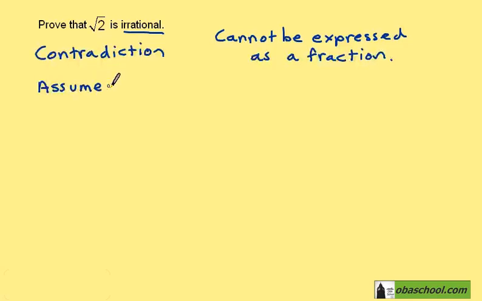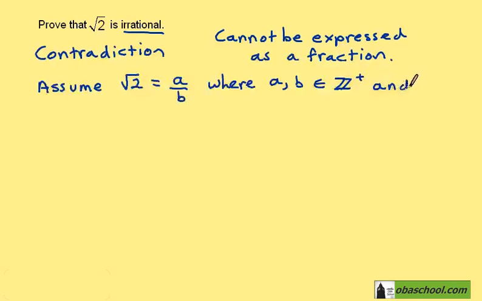So the assumption that we make here is that root 2 can be expressed as a fraction a over b, where a and b are both integers, so we need them both to be whole numbers, and also that a and b have no common factors.